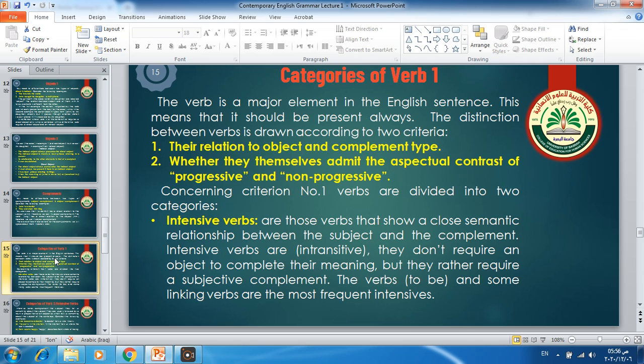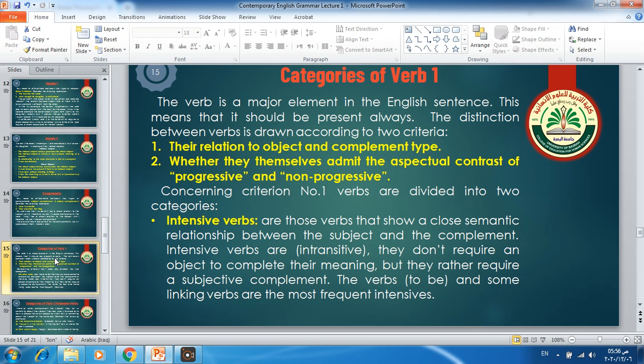Intensive verbs are those verbs that show a close semantic relationship between the subject and the complement.